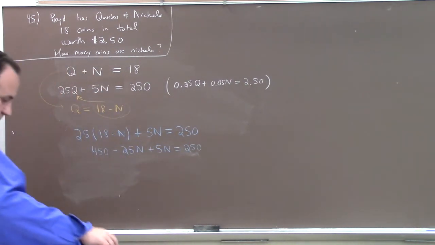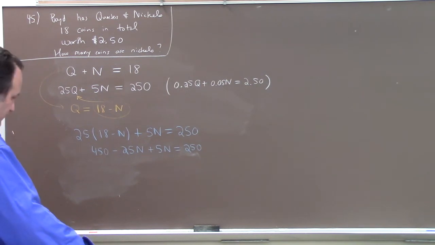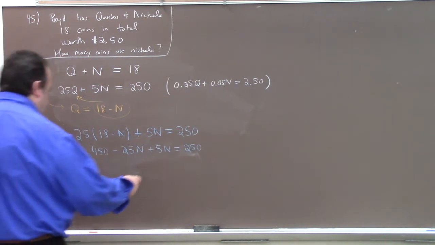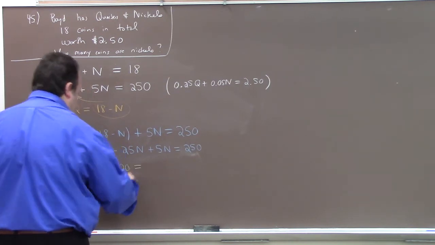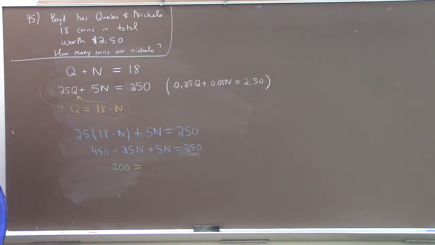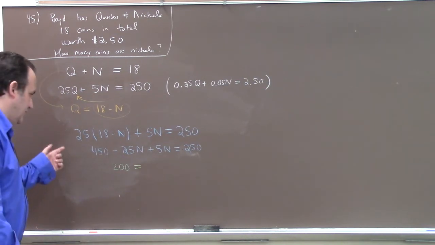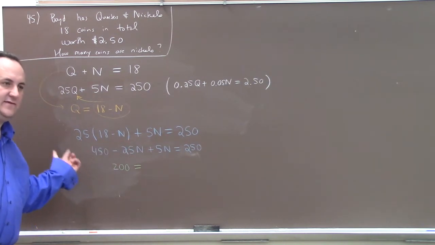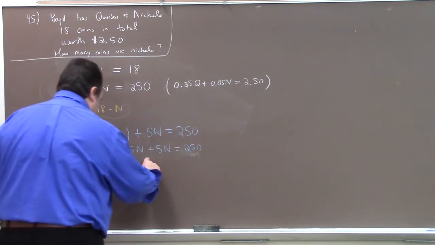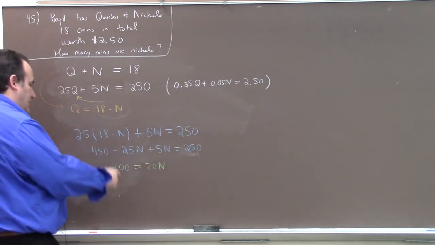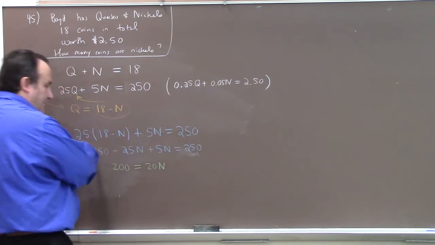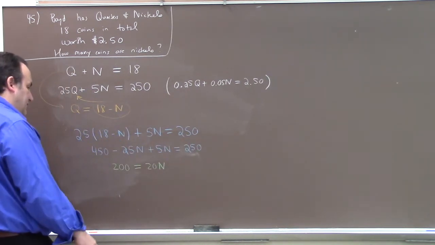And that gives me what? 200 equals what? So this gives me a minus 20N. I add it to the other side, I get 20N. So subtract 250: 450 minus 250 is 200.